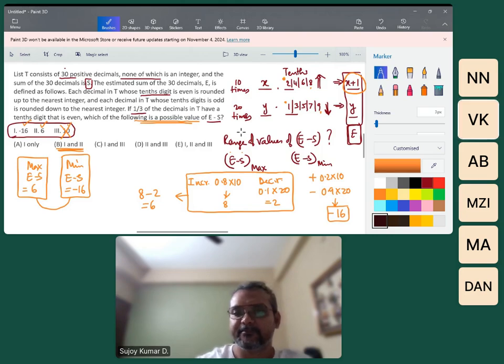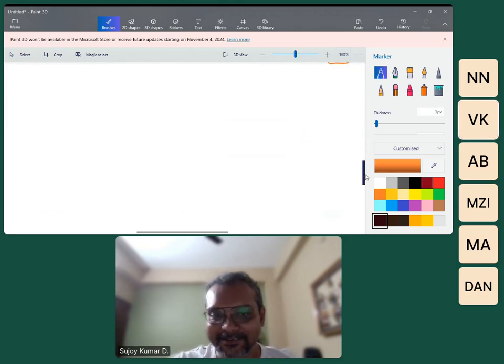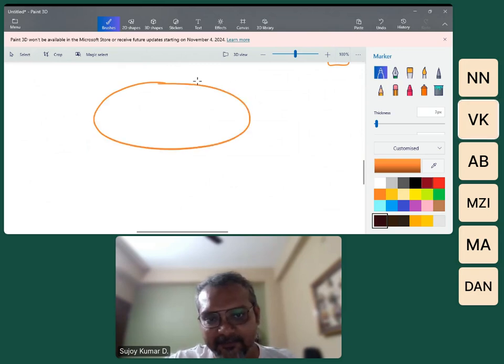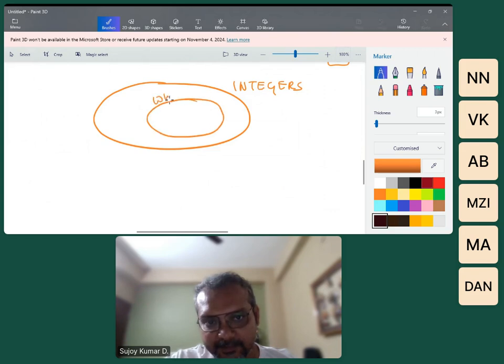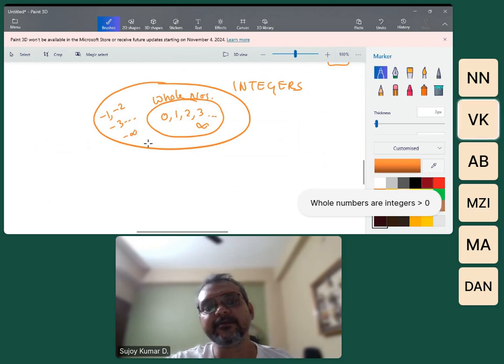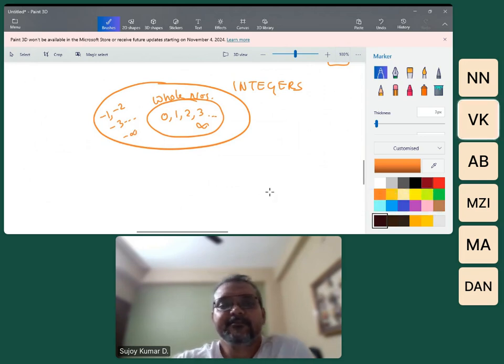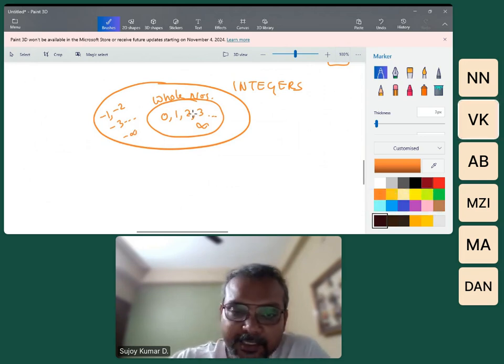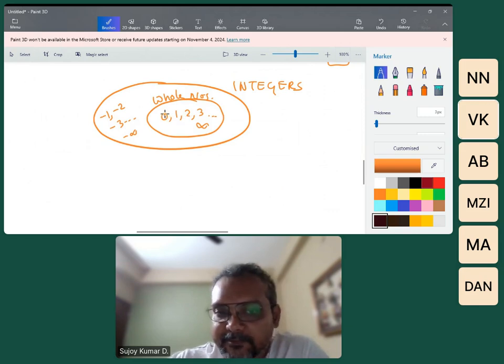This is the set of integers, and this is whole numbers. Whole numbers are 0, 1, 2, 3, dot, dot, dot, while integers also include the other numbers, -1, -2, -3, till negative infinity. So a whole number is only a positive number? No, only non-negative numbers. 0 is not positive.